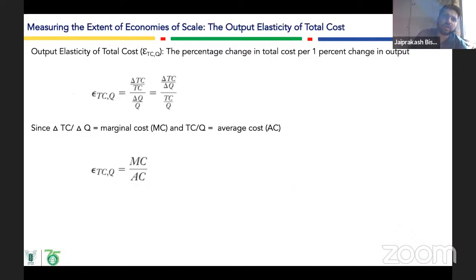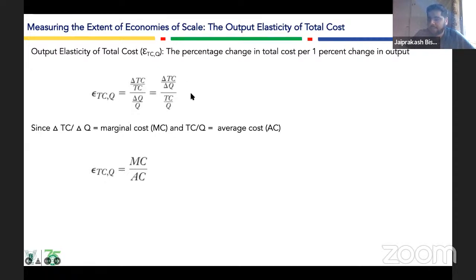Again, coming to measuring the extent of economies of scale. So here, the output elasticity of total cost is equal to percentage change in total cost divided by percentage change in quantity. Okay, the percentage change in total cost per 1% change in output. Okay, so you see, it is like the elasticity concept. Elasticity, आपने demand elasticity के बारे में पढ़ा होगा.